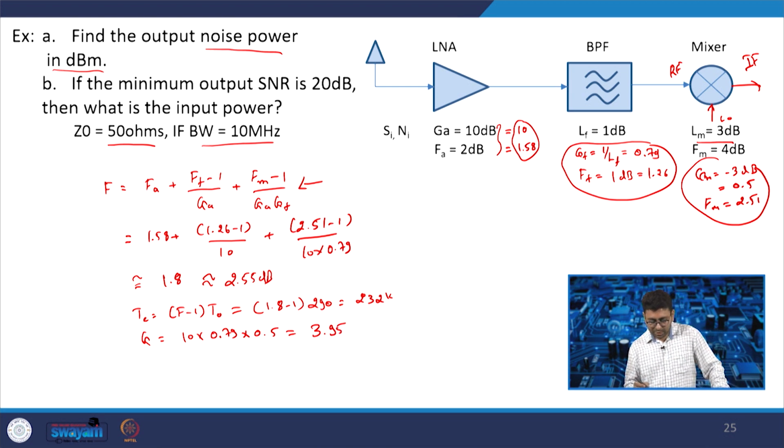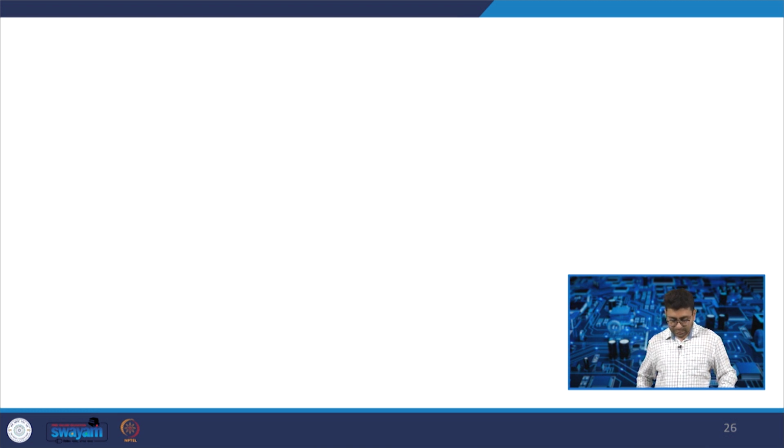So, we have already seen in the derivation in the last class, if a temperature TA is added, and the system has a gain G, equivalent temperature TE and bandwidth B, then you can write down N naught.